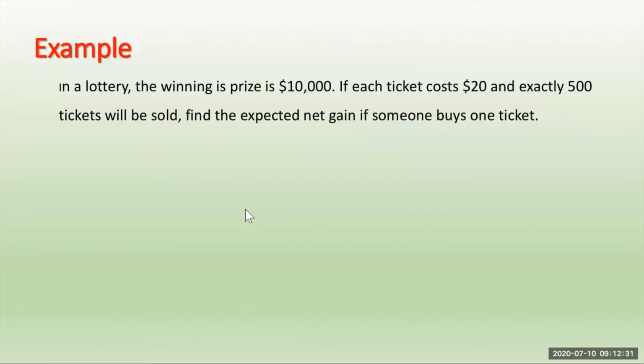Okay, second example. This is quite similar to what we have done in lecture earlier. In a lottery, the winning prize is $10,000. That is the winning prize. If each ticket costs $20 and exactly 500 tickets will be sold, find the expected net gain if someone buys one ticket.